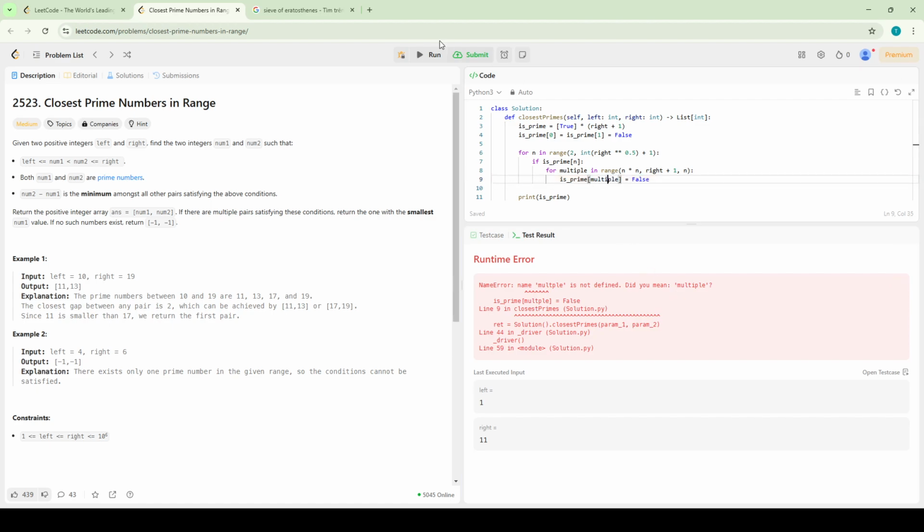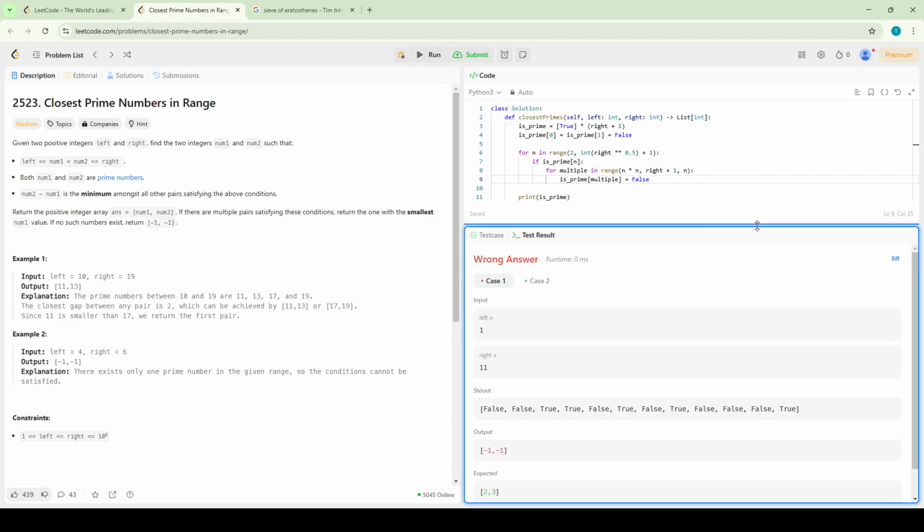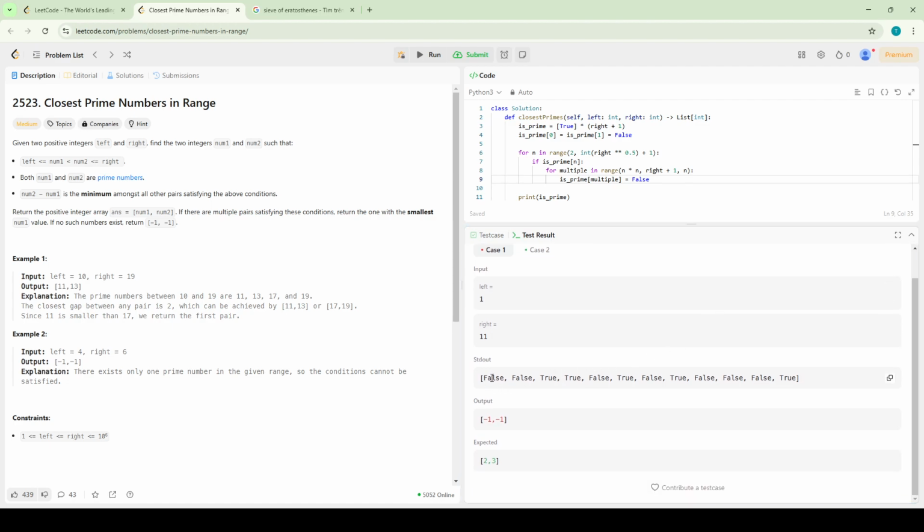Okay, so the first two are not prime numbers. 0, 1 are not prime numbers. 2 is a prime number. 3 is. 4 is not a prime number. 5 is. 6 is not. 7 is. 8 is not a prime number. 9 is not a prime number. 10 is not a prime number. 11 is. So it's working correctly, right?